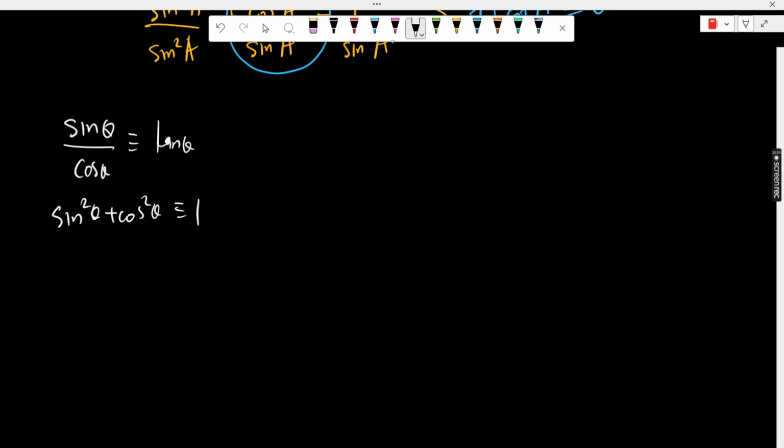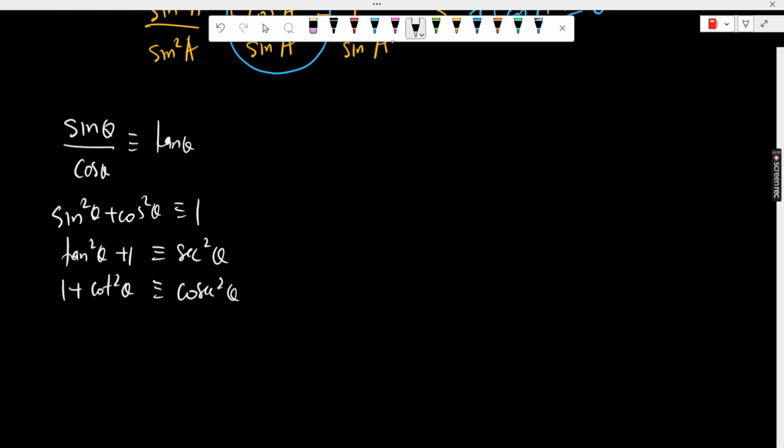We have tan squared theta plus 1 is equivalent to sec squared theta. And we have 1 plus cot squared theta is equivalent to cosec squared theta. So we have those identities thus far. So in this first session, we'll of course introduce all the identities that you'll need to use, and then we use the first set of them to actually prove other identities.